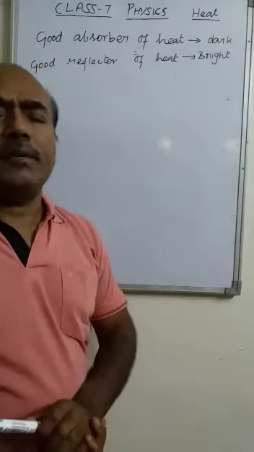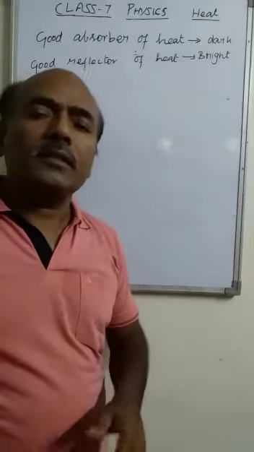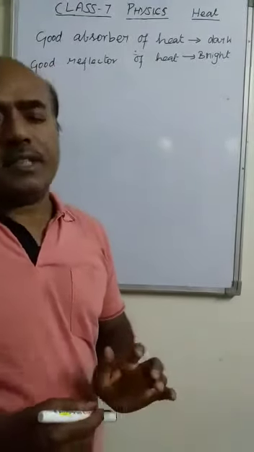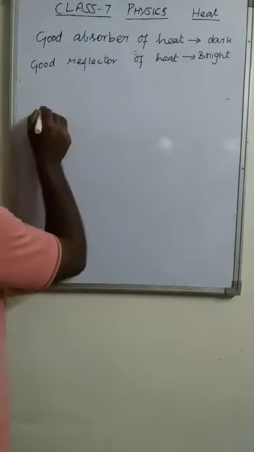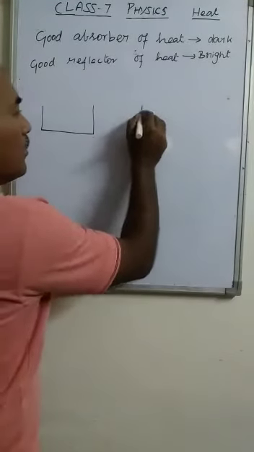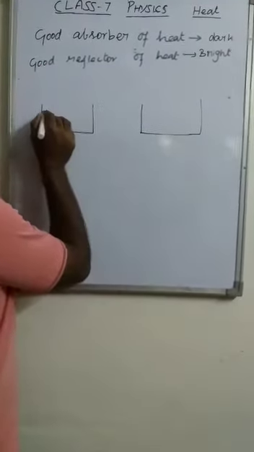There are so many examples, and this can be shown by a simple activity also. We can say this is an activity. Just take two containers with the same size and fill the container with water.